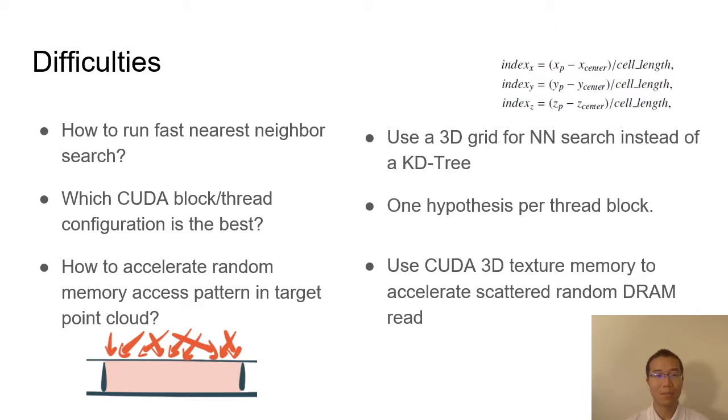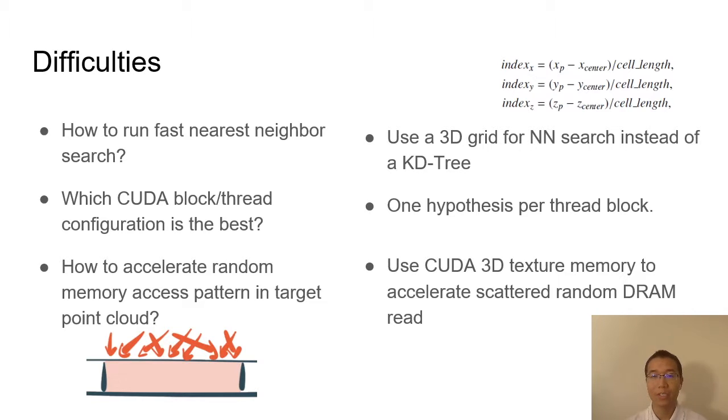The first problem is how to run fast nearest neighbor search. On a CPU, one would run KD tree search, but GPU cannot handle tree structures well because in a warp, all the threads inside the warp need to do the same thing at the same time. So we propose to use a 3D grid for nearest neighbor search.